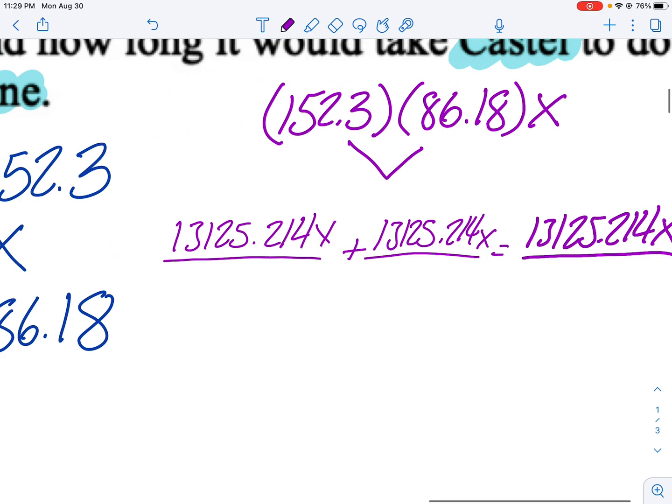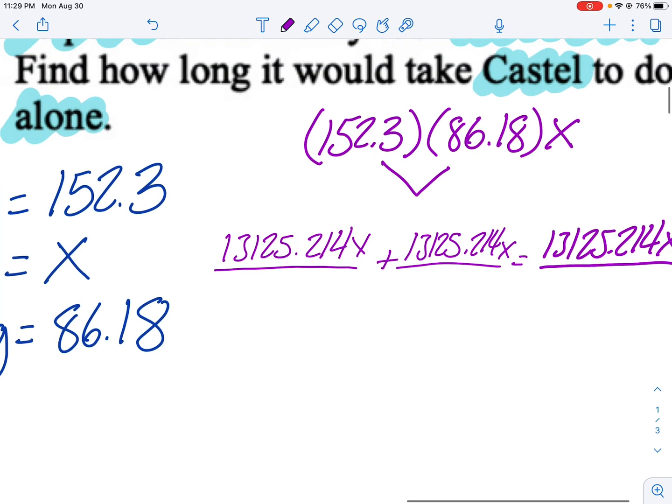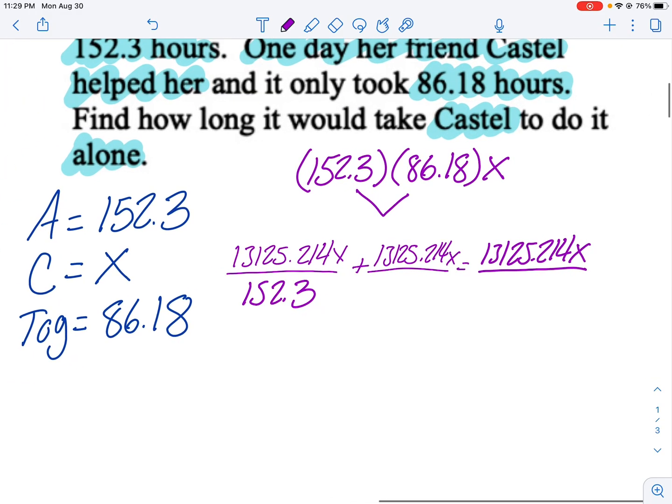Time 1 was 152.3, time 2 is x, time 3 is 86.18.